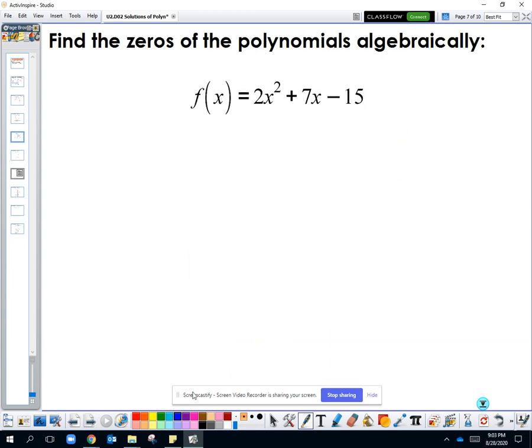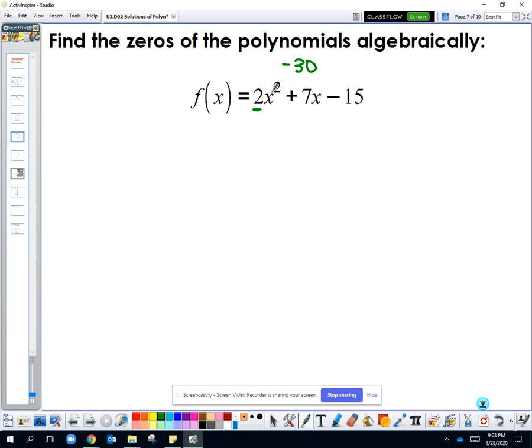Example 3 today, again, we're going to be factoring, but this time we have an a value instead of it just being x squared. So there's lots of ways that you can factor this. Typically what I try and do is multiply the first and last term together, and +2 multiplied by -15 gives me -30.